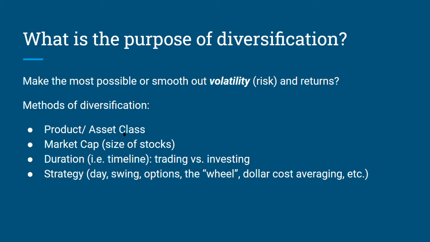You can also add layers of diversity to your portfolio by investing in different market caps. Market capitalization is the size of those companies: small cap, mid cap, large cap, mega cap. By investing in different sizes of companies, that also adds layers of diversification.